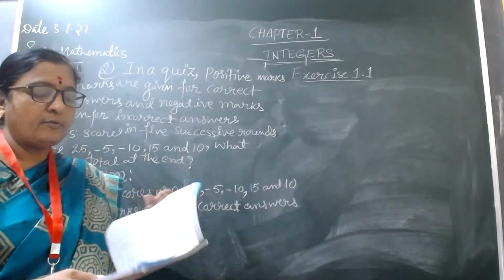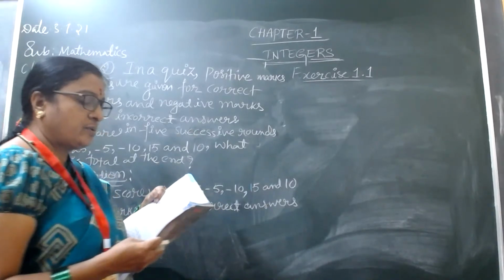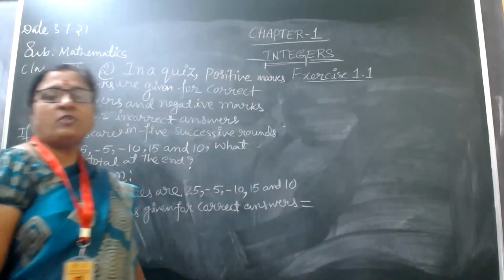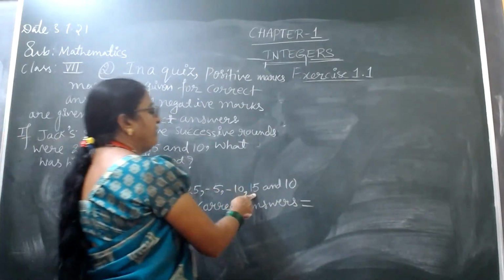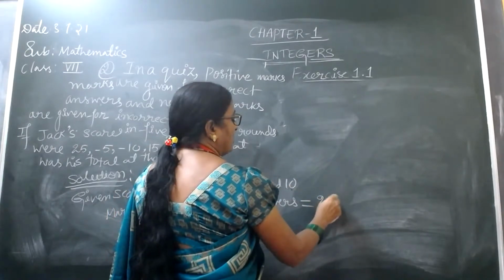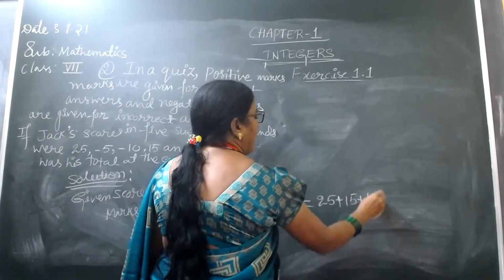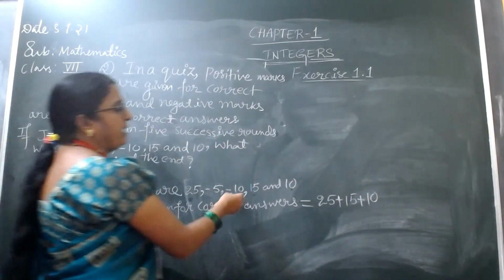Marks given for correct answers. So student, positive marks are for correct answers, no? Positive numbers 25, 15, 10. For correct answers, positive marks. Marks given for correct answers is 25, 15, and 10.